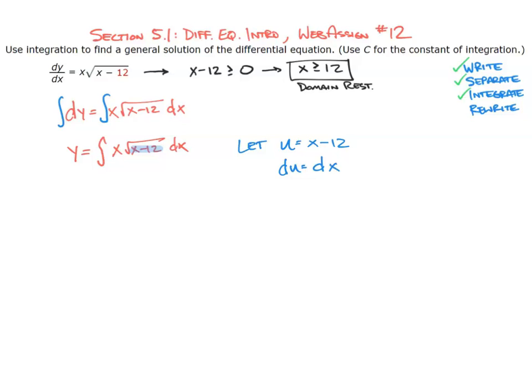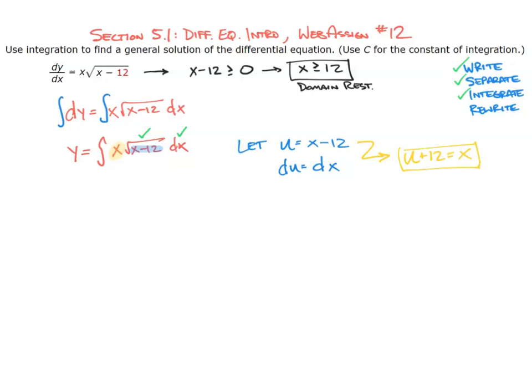So we have u substitution to take care of this for us, where it's going to be the square root of u. We have du equals dx, so we're good there. But we do have a problem here. We don't currently have an expression in u that will replace x. So let's go over here and see what we can do. If we add 12 to both sides, that equals x.